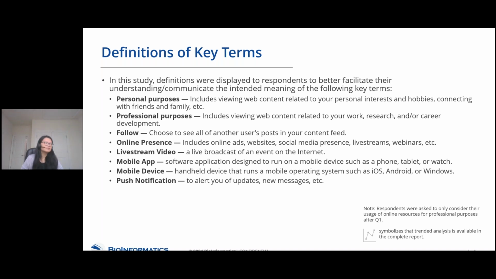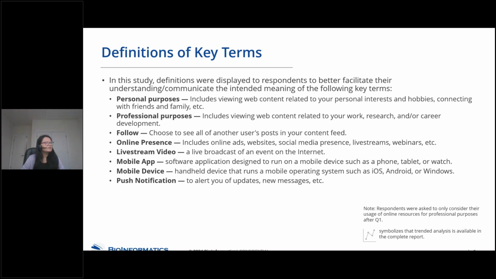So personal purposes includes viewing web content related to their personal interests and hobbies, connecting with friends and family, etc. While professional purposes includes viewing web content related to their work, research, and or career development. For this study, respondents were asked to only consider the usage of online resources for professional purposes after the initial question.